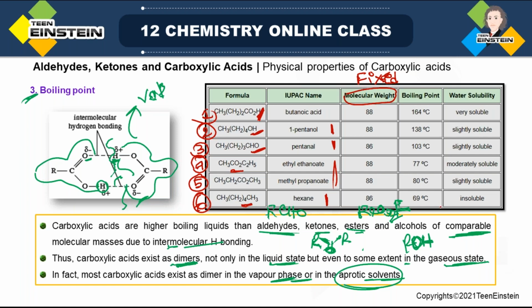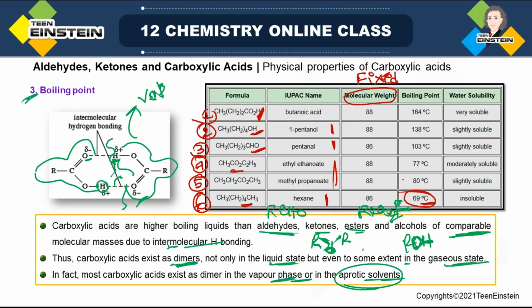Now see, the lowest boiling point is 69, and it has to be because it is hydrocarbon. There is no electronegative atom, the only interaction present is van der Waals interaction. So you can easily convert them from liquid state to vapor state.